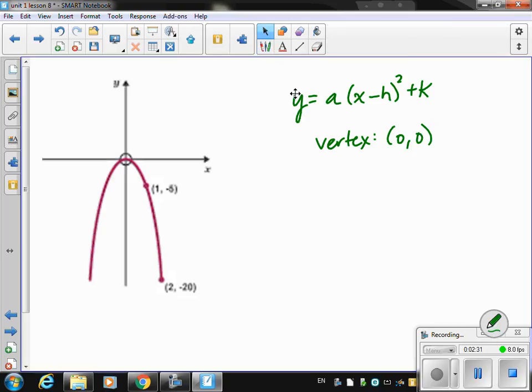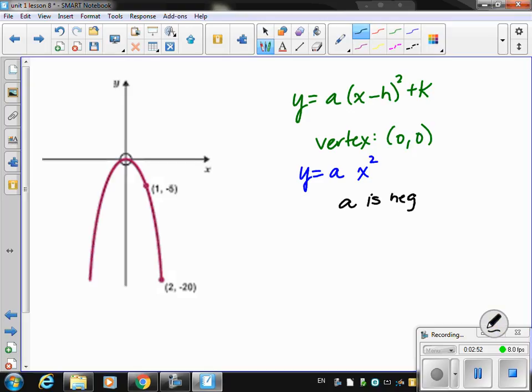So far, I have y equals A, x minus 0 squared. Well, I don't need the brackets then, plus 0. So the only thing I have to figure out is the A value. First of all, I know that A is negative, because it's upside down.